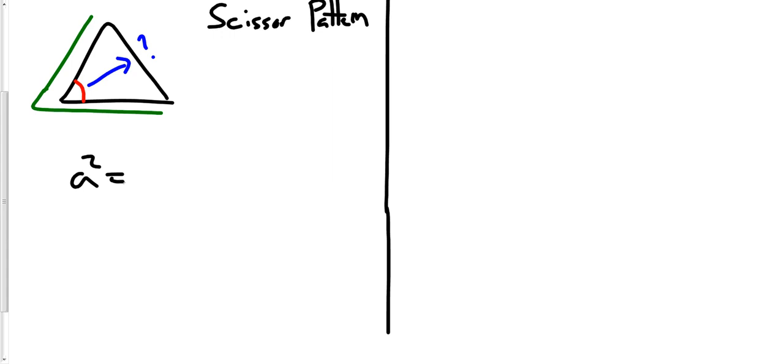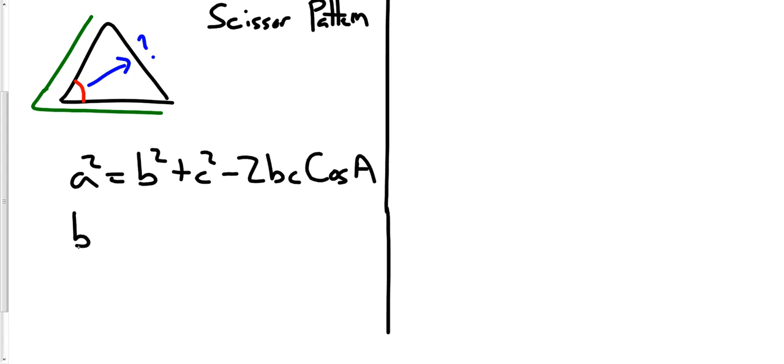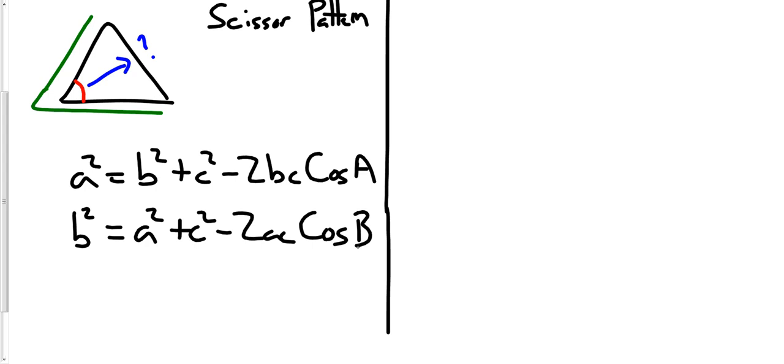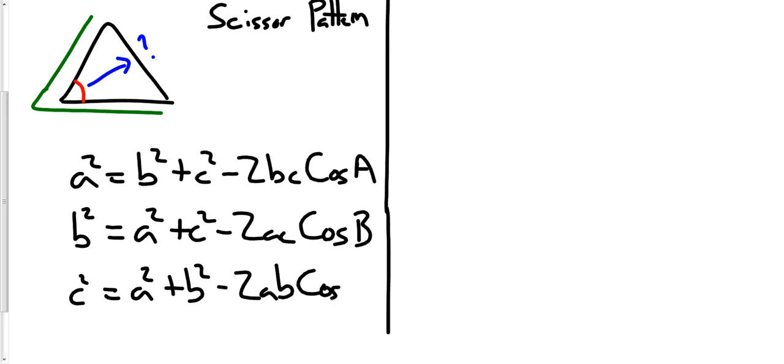So a squared is going to equal b squared plus c squared minus 2bc times the cos of angle A. If you're looking for side B, your equation would be b squared is equal to a squared plus c squared minus 2ac times cos B. And if you were looking for side C, it'd be c squared is equal to a squared plus b squared minus 2 times a times b times the cos of angle C.